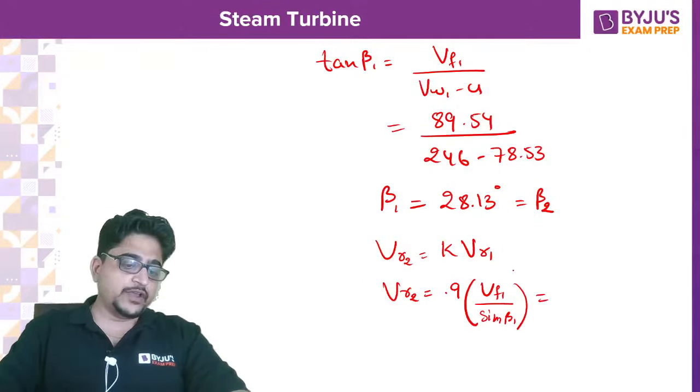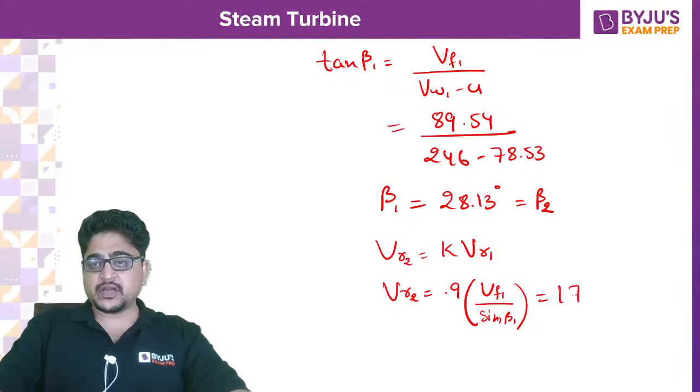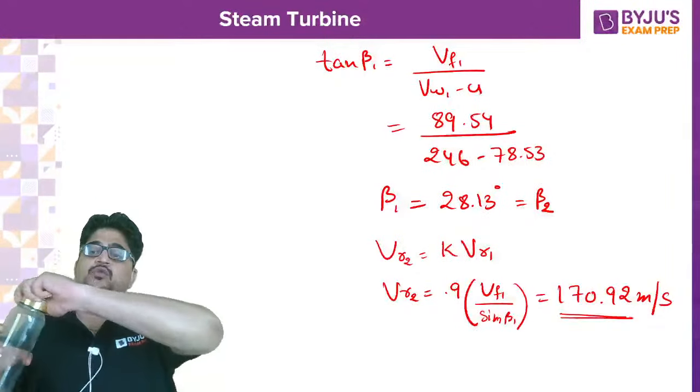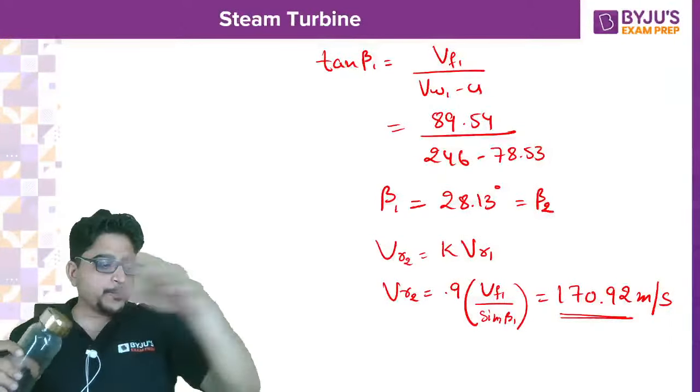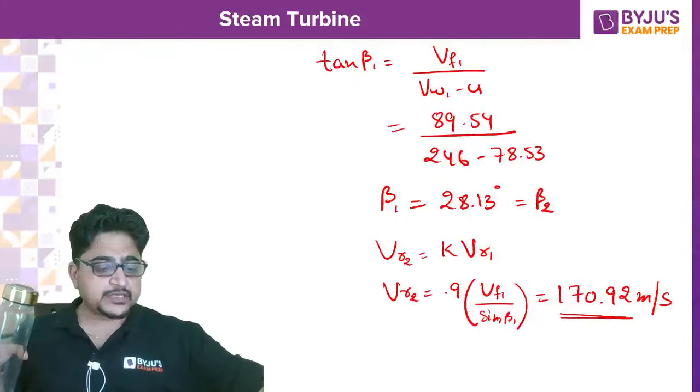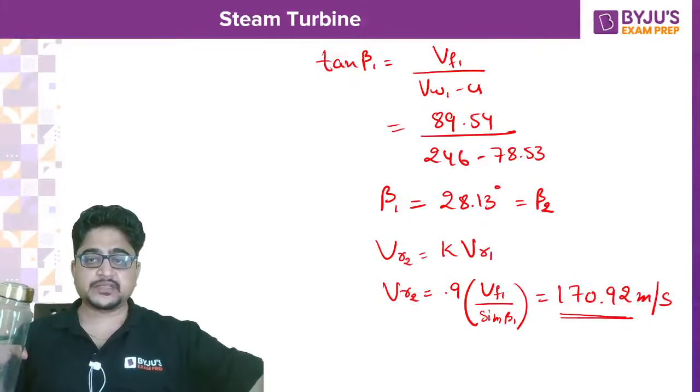Anyone with the value of Vr2? It is coming as 170.92 meter per second.